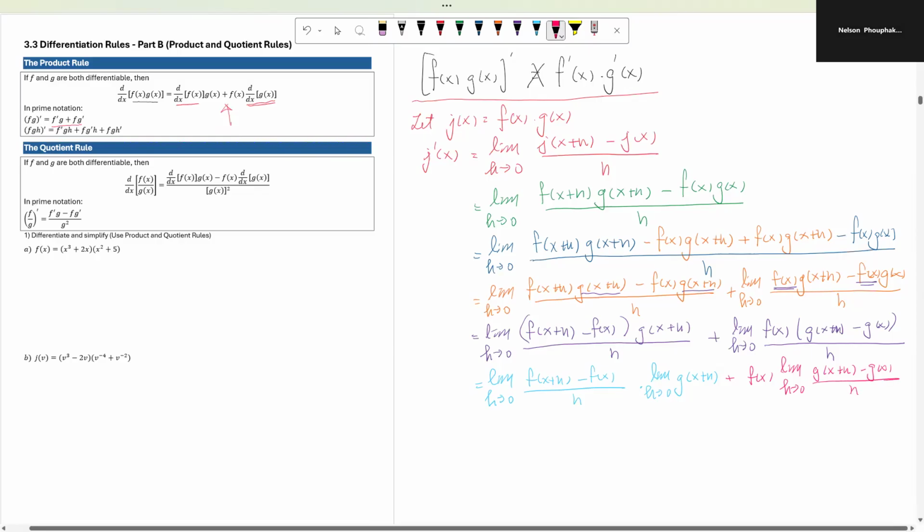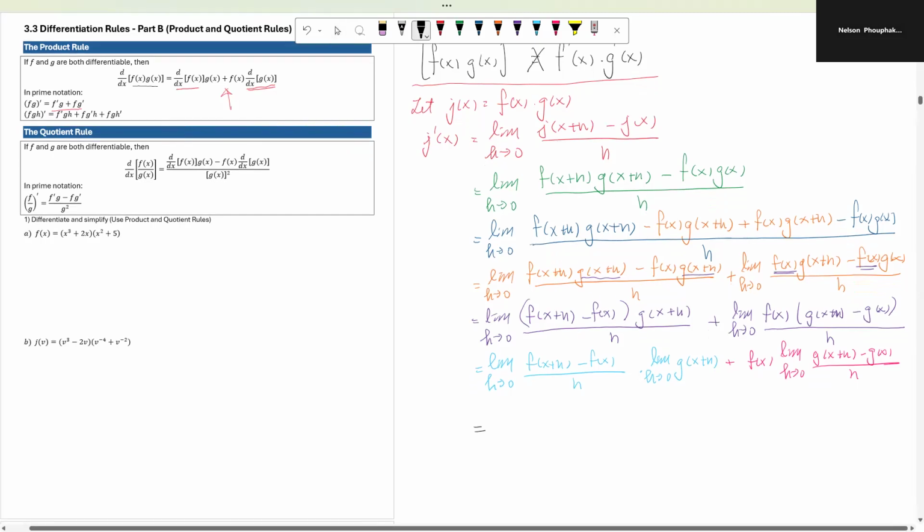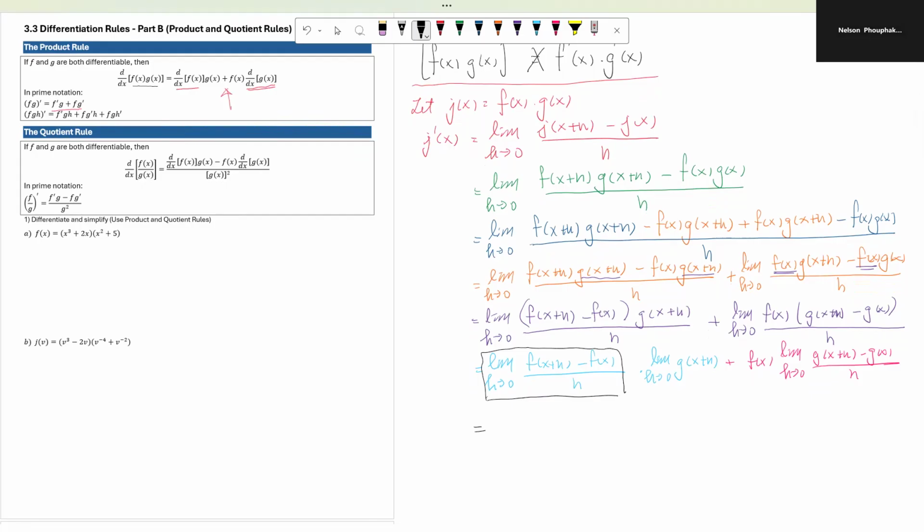And now you will see that this one is just f prime of x, and as h goes to 0, I only have g of x here.